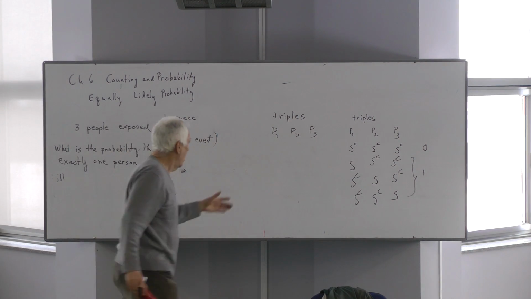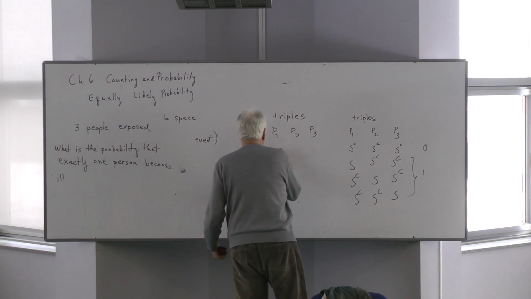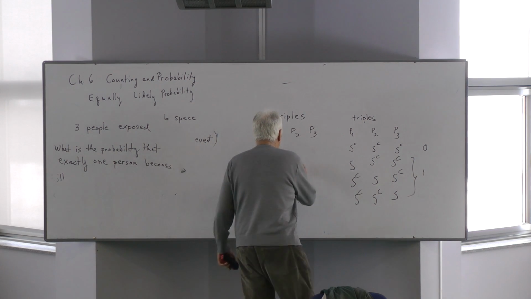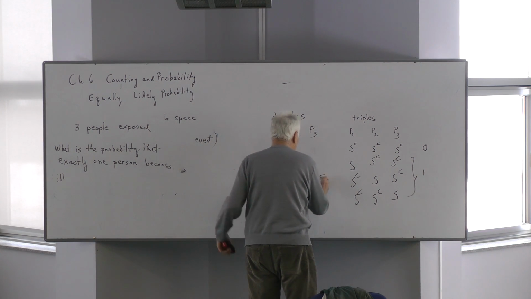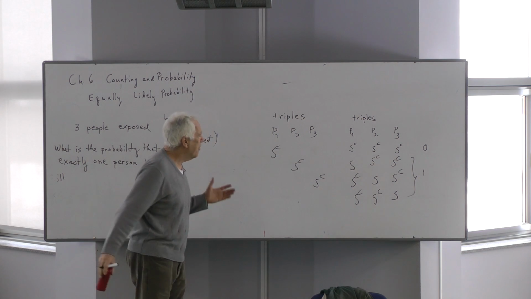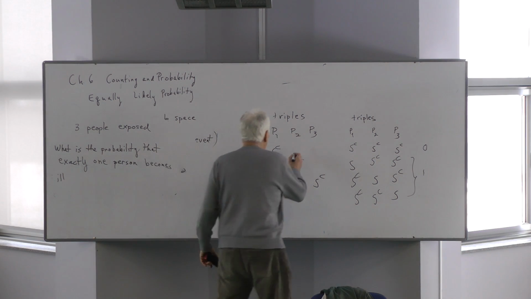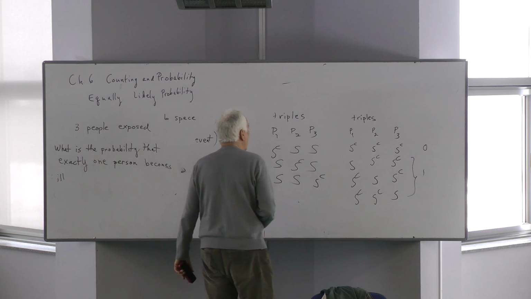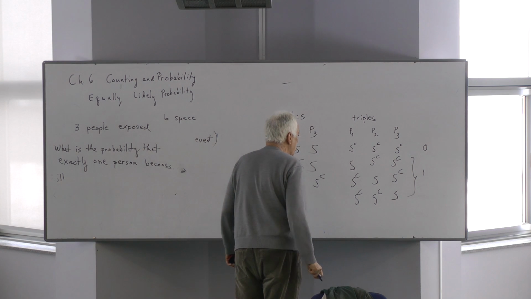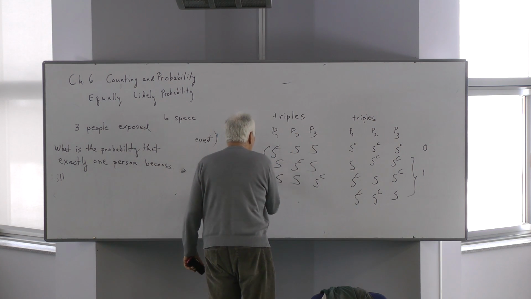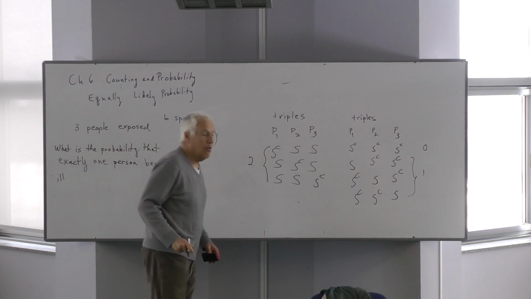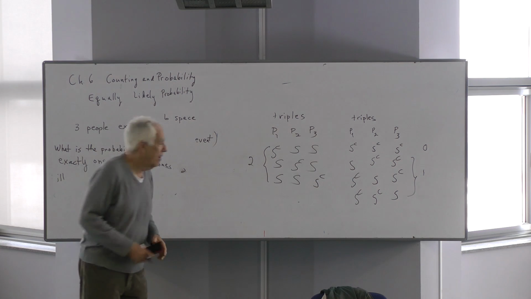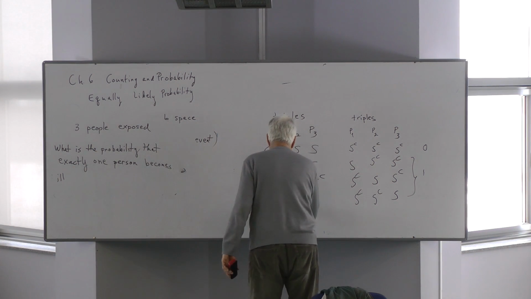Who could be that person? This guy could be non-sick, the second person, or the third person, and the other two get sick. These are the situations where two people are sick. Now, the worst case, everyone gets sick. That can happen only one way. That's SSS.